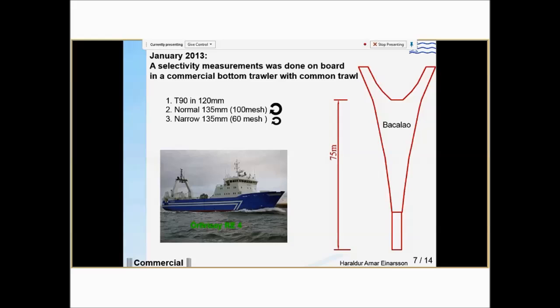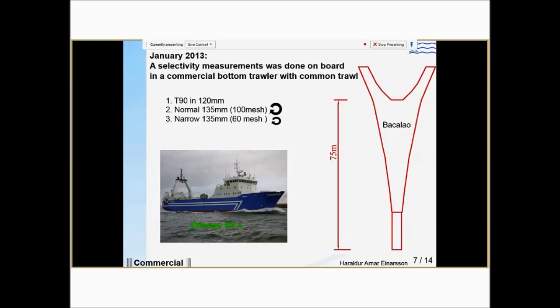There was, of course, using a normal commercial and widely used trawl called Bacalhau, a big trawl. It is 75 meters from the fishing line to the end of the codend. And on board, we were measuring 3 codends with this cover codend method.